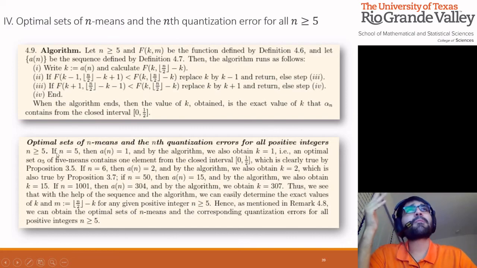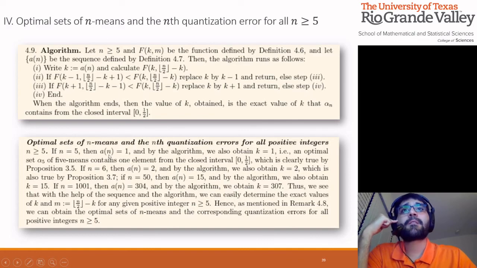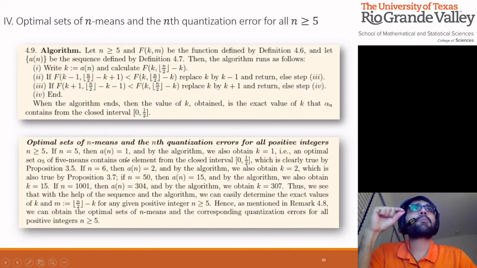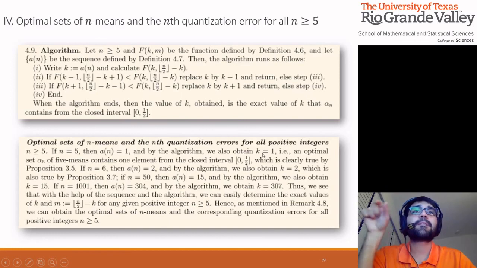Here are some examples of different values of n. When n equals 5, the sequence told us that k was 1, and when we put that 1 into the algorithm, at the very end k equals 1. That's the actual k, meaning that the optimal set of 5 means contains one element from the interval 0 to 1 half, which is clearly true by proposition 3.5.